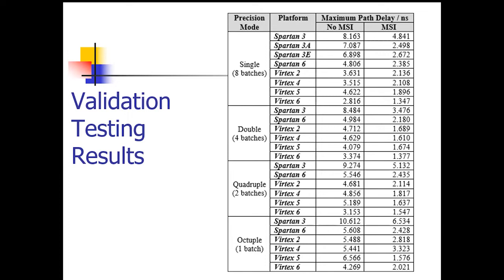So for single precision, I could multiply 8 batches at the same time, double precision 4, quadruple 2, and octuple 1. I did this for multiple platforms, from Spartan 3 to the Virtex 6 at the time, and extracted the maximum path delays with MSI and without MSI for those platforms.